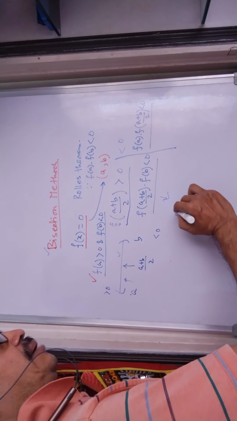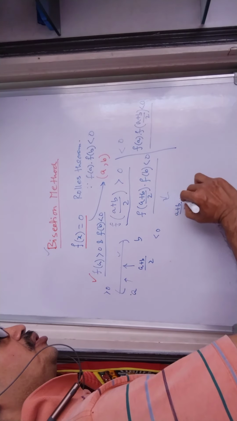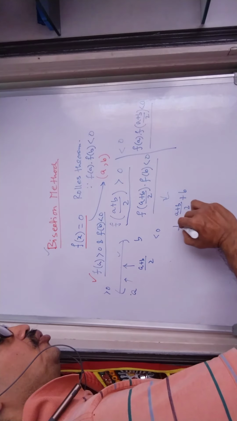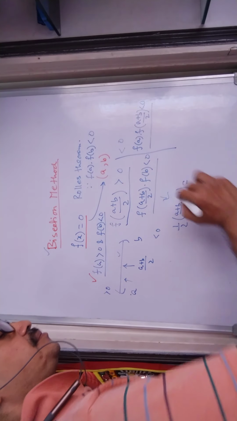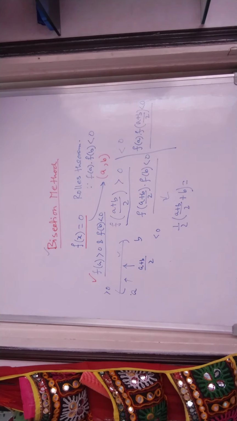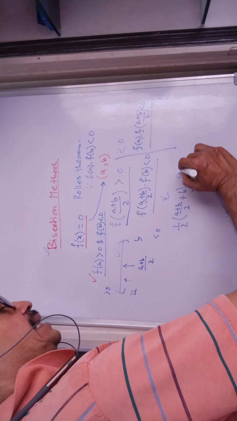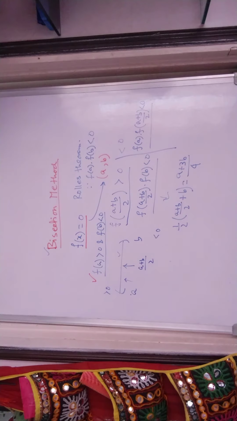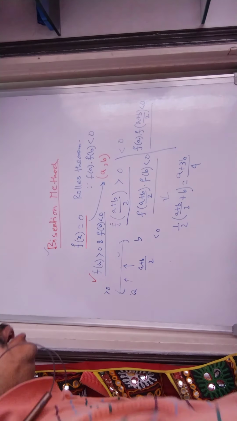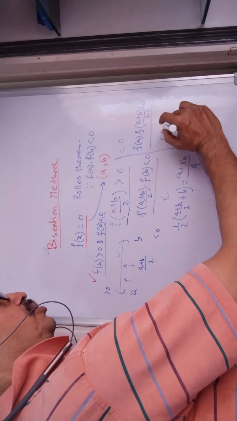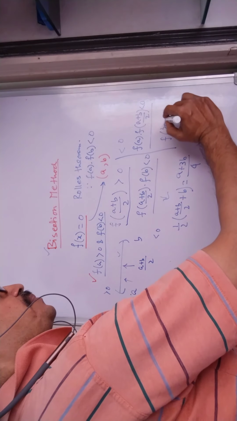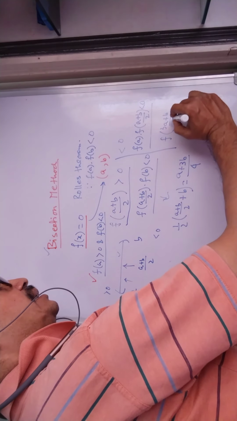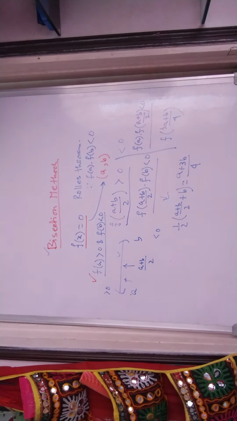So (a+b)/2 plus b by 2, which gives us obviously the point as a plus 3b by 4. This is a simple calculation. That would have been our point through which we would have halved the interval again, and keep repeating this procedure.